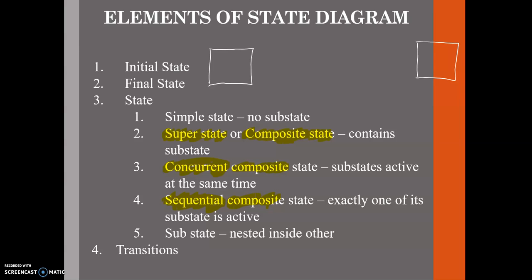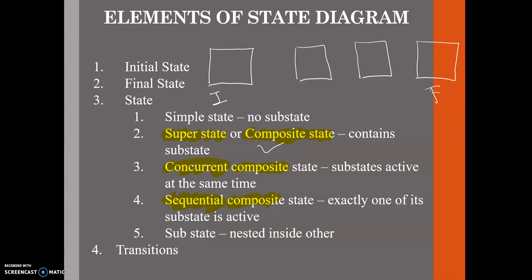We can consider any object. This is your initial state and this is your final state. But to reach from initial to final, there are other states. To reach the final state, I need to cross these two states as well. This type of condition we call composite.